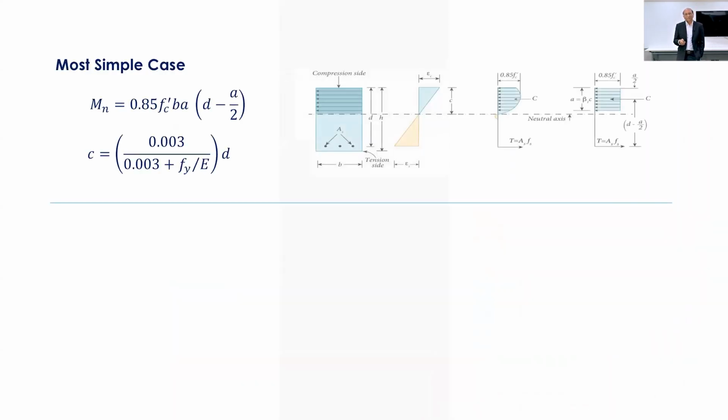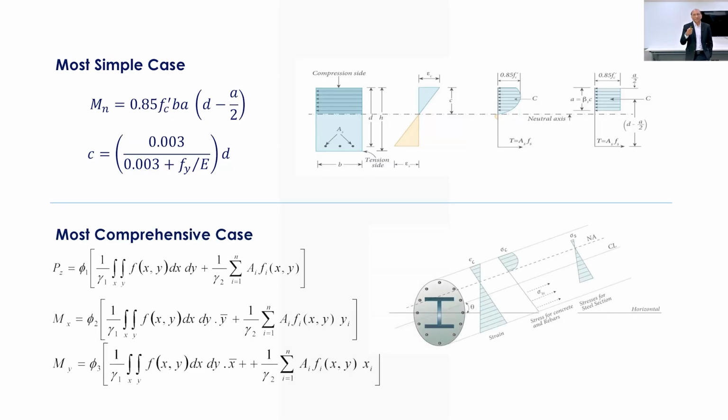Now, let's see how it compares with the traditional code method or simple formula that you might have seen in the books, or you might have used. A simple rectangular beam actually gives us this simple formula of the moment capacity on the left-hand side. It is the same as this equation for this one.